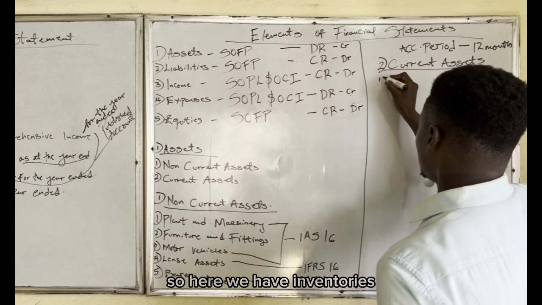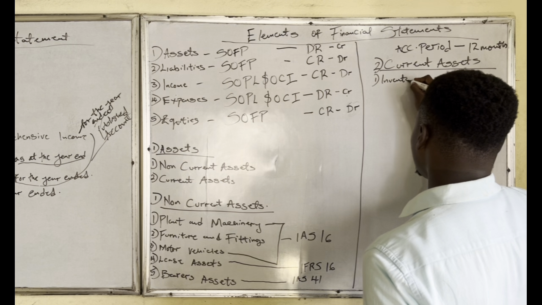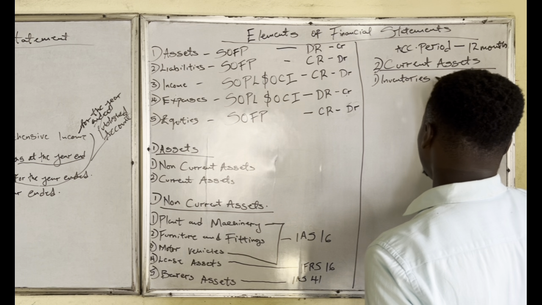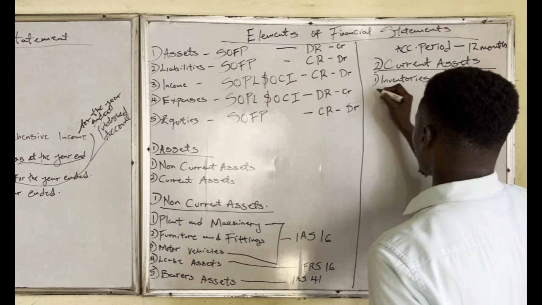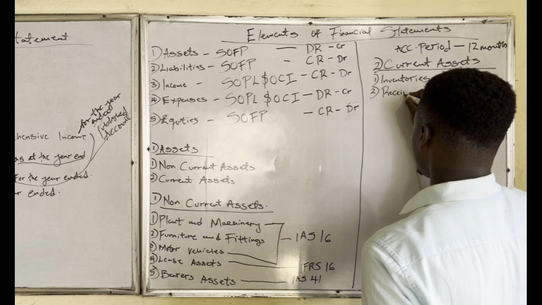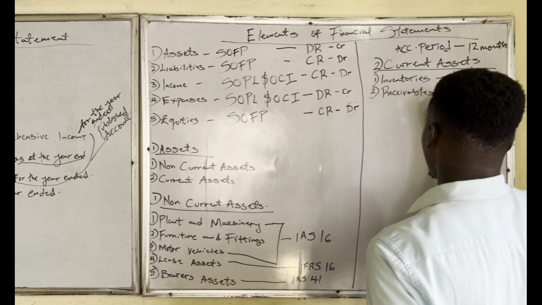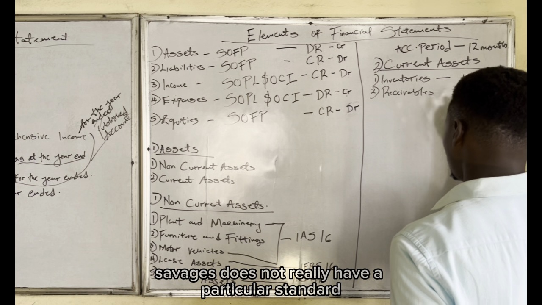So here we have inventories. This is IAS 2. Have receivables. Receivables does not really have a particular standard.